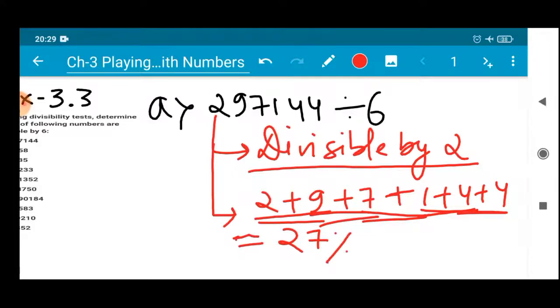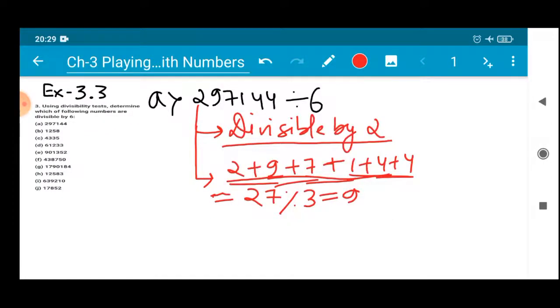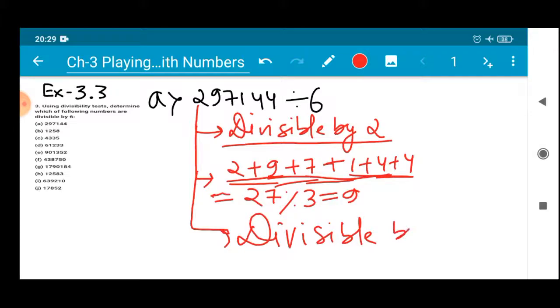So now if this number 27 is divisible by 3, then this whole number will be divisible by 3. So yes, this number is divisible by 3. Why?